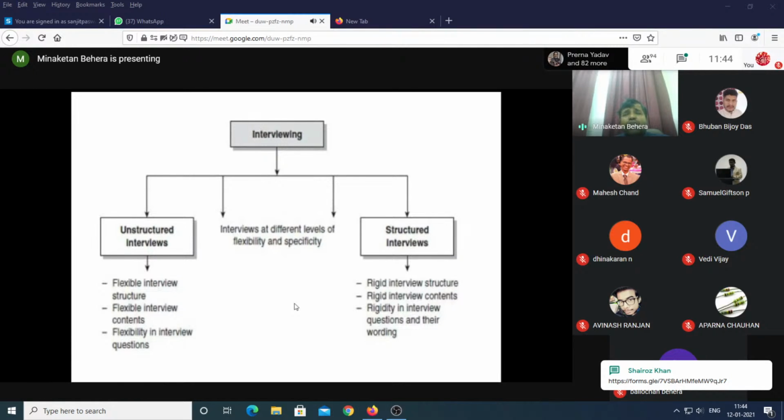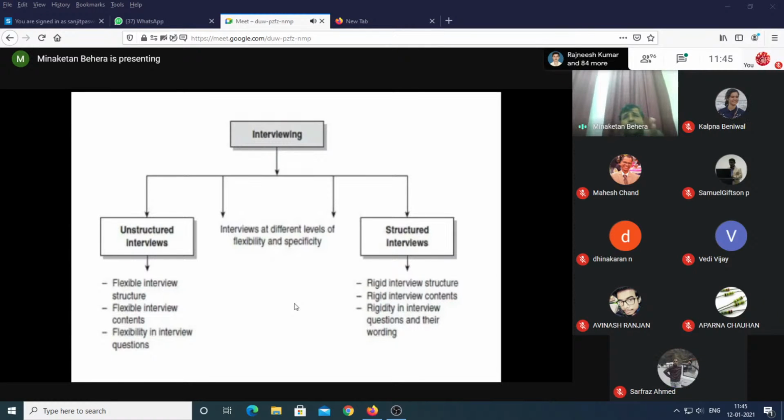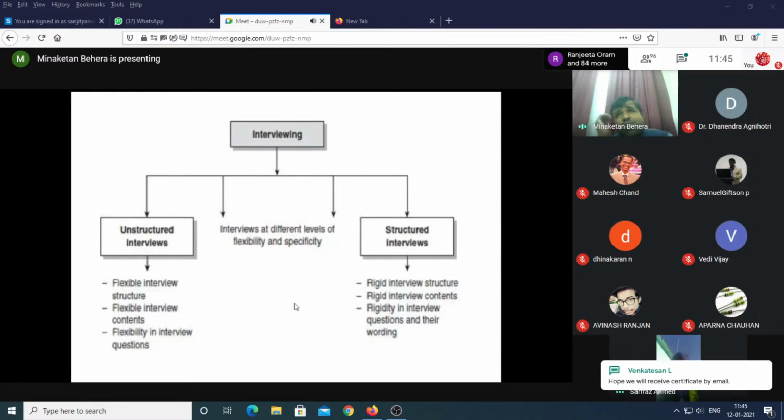And when you say unstructured, it is informal, so the question order is not there. The questions are not structured, but you as a researcher know which questions you have to ask and what type of information you will collect. You can change the order. You go informally first, and you know your objective, what information you want to collect.